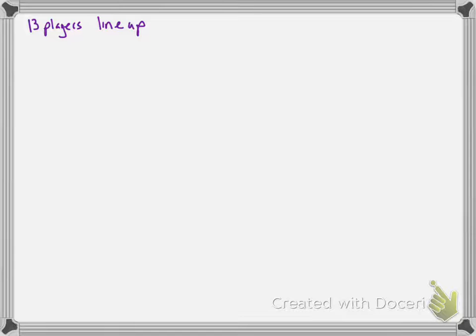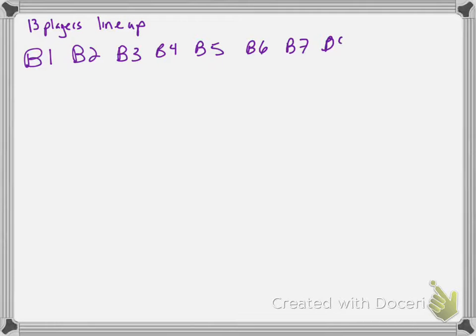Okay, so you can look at this a couple ways. A very visual way is you know that you have 9 batters in baseball. So batter 1, batter 2, batter 3, batter 4, batter 5, batter 6, batter 7, batter 8, batter 9. And since there's 13 players, you have 13 people who could fill the first position.